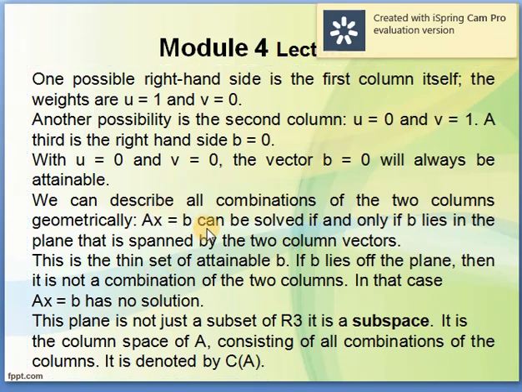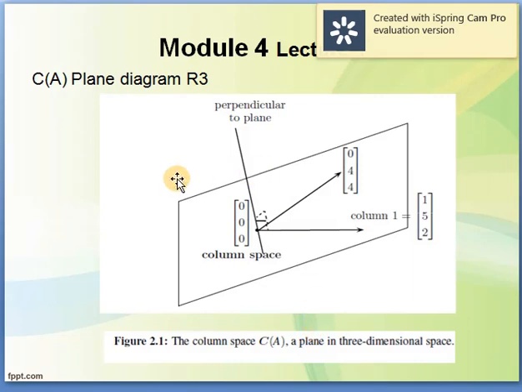Ax is equal to b can be solved if and only if b lies in the plane that is spanned by the two column vectors. The plane spanned by the two column vectors is this one. I hope you know the ground is a plane and the table is a plane.